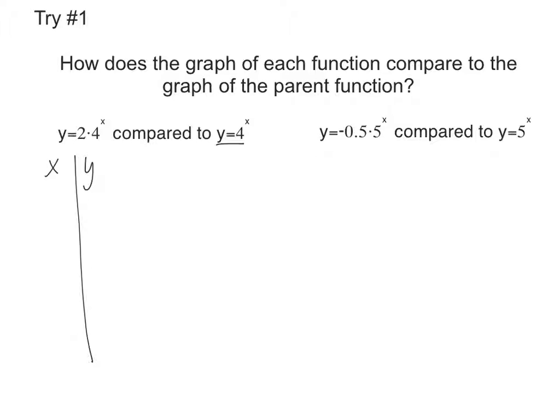Alright, the first one is negative 2 and 1/16. Next one is negative 1 and 1/4. It's a little higher. 0 and 1, 1 and 4, then 2 and 16, which is way up here. So this one's going to look like that.